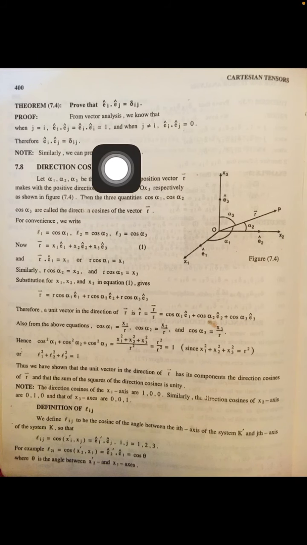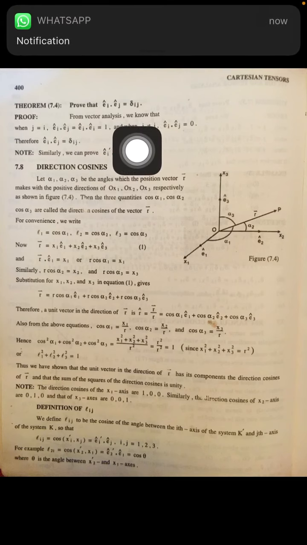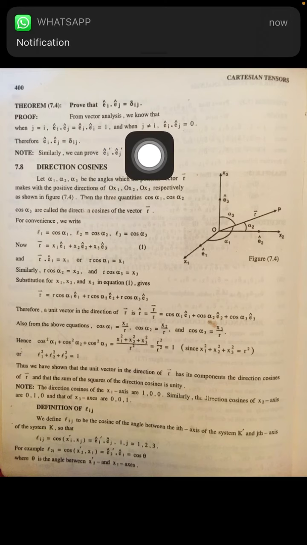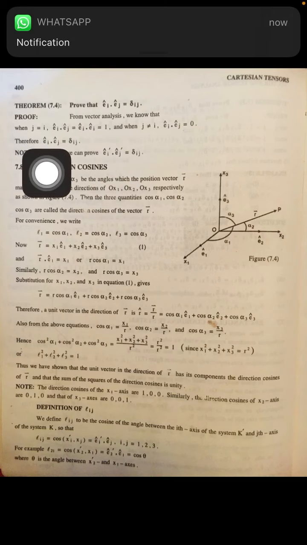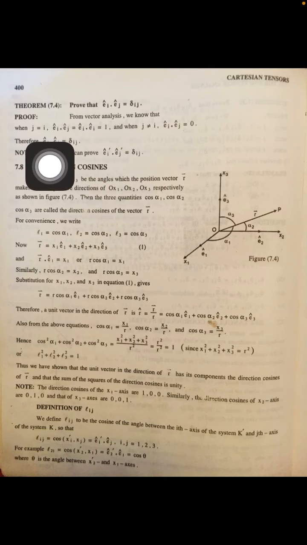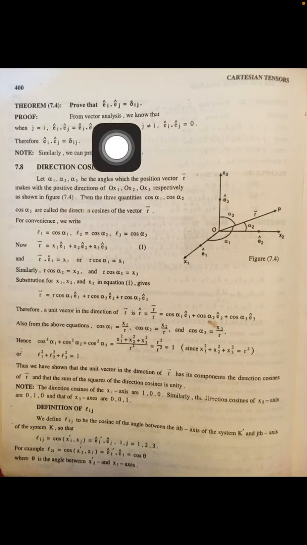Now here we have some proof related to this system, that ei dot ej equals delta ij. From vector analysis we know that if j equals i, then in place of j I put i. So we have ei dot ej becomes ei dot ei. When we have the same unit vectors, the dot product of the same unit vector is equal to 1.